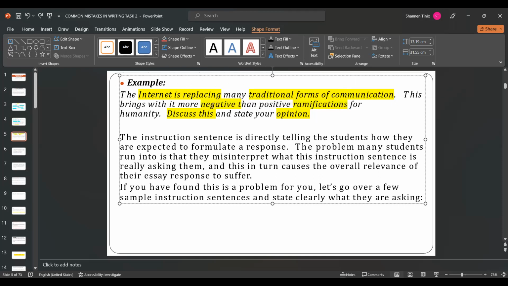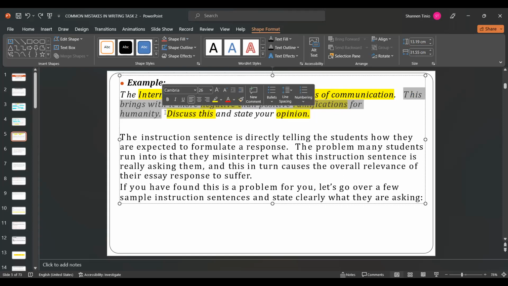Ramifications means consequences. The negative consequences of internet because of replacing the traditional forms of communications. Kasi, yung sentence niya dito, this brings with it more negative than positive consequences for humanity. Meaning, gusto niyang i-discuss mo yung negative consequences ng pag-replace ng internet sa traditional forms of communications.